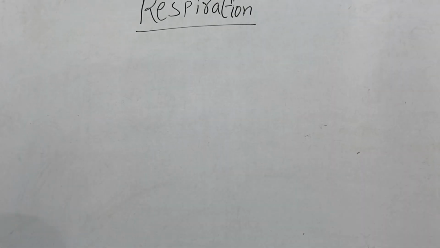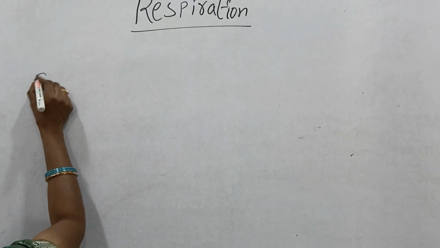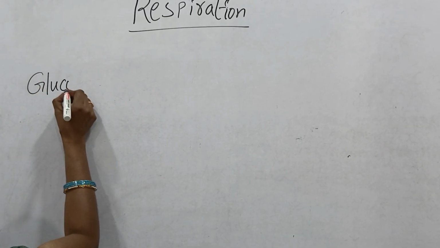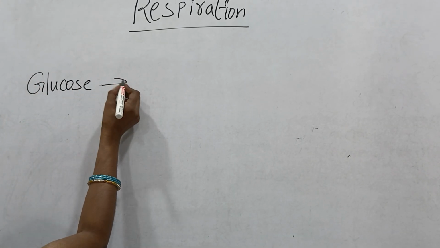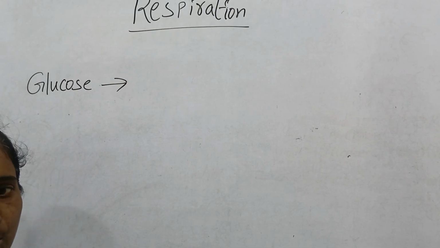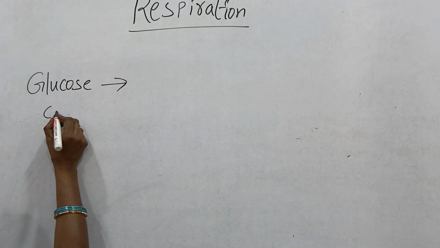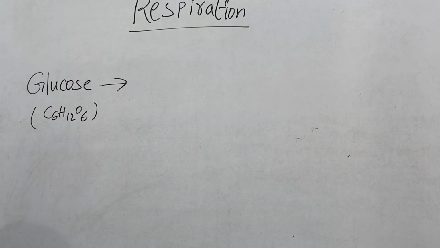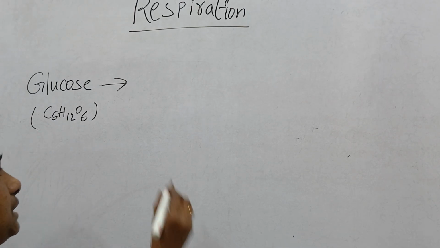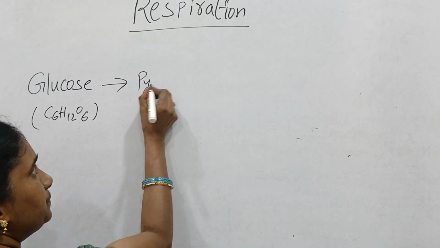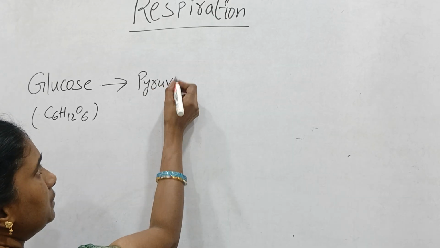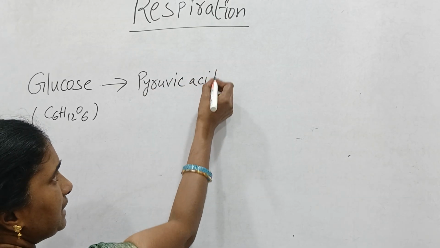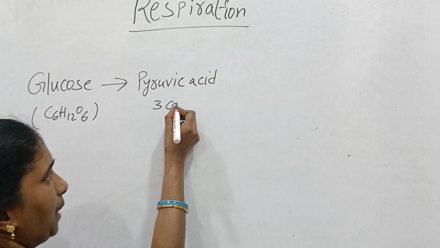Whether it is aerobic or anaerobic respiration, glucose is a common product. After complete digestion of food, energy is released in the form of glucose. The glucose formula is C6H12O6; it contains six carbon atoms. Glucose converts into pyruvic acid, which contains three carbon compounds.